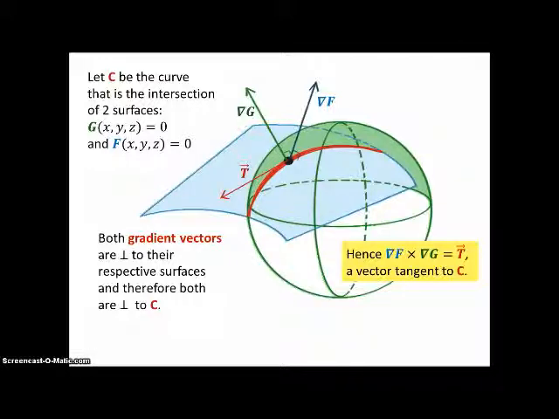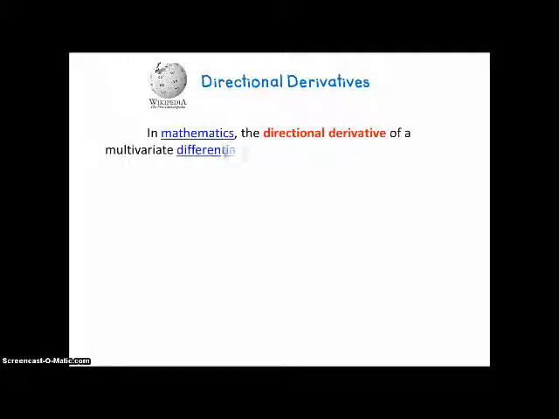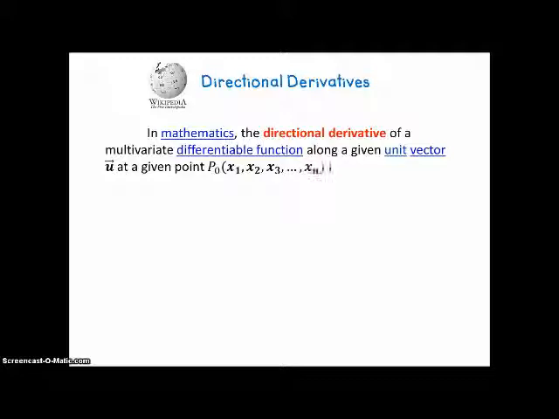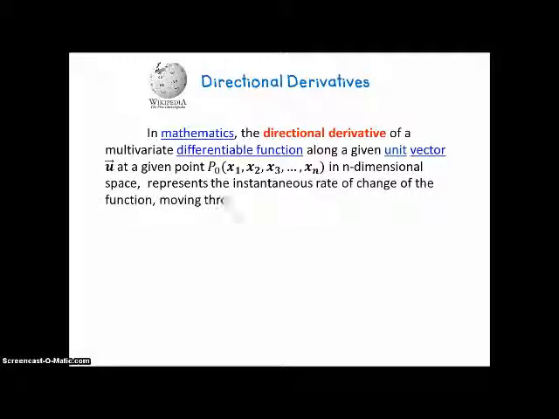Okay, now what if we are moving in a different direction? Maybe we don't move along the gradient vector, but we want to move along a different vector. That brings us to directional derivatives. In mathematics, the directional derivative of a multivariate differentiable function along a given unit vector u at a given point p0 in n-dimensional space represents the instantaneous rate of change of the function moving through p0 with a velocity specified by the particular unit vector.